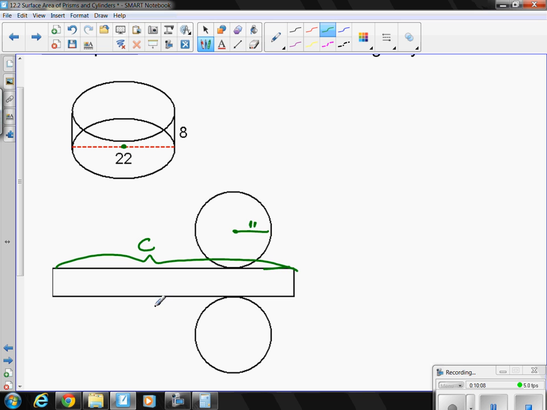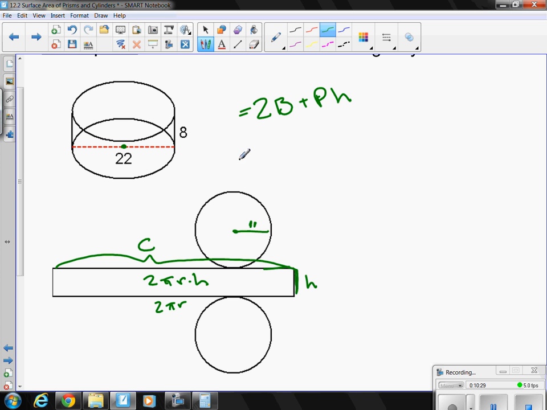So this side length is 2 pi r. This side length here is going to be my height. So the area of this rectangle is 2 pi r times my height. And we have two circles, so 2 times the area of the base plus the perimeter times height.